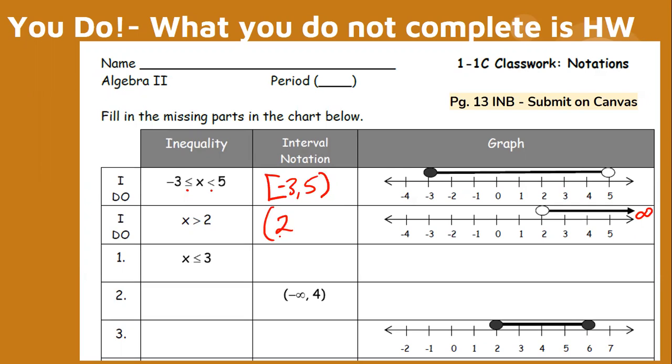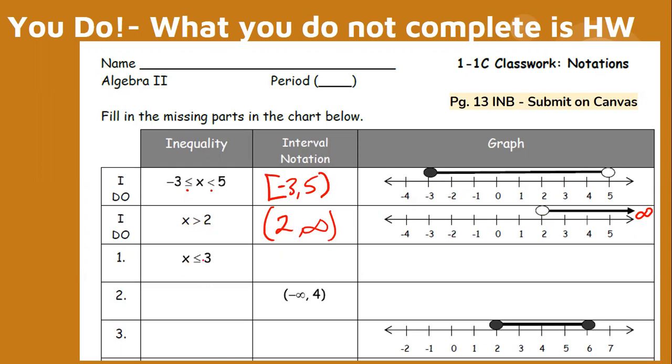Why does it have a parenthesis? It's open. It's strictly greater than, right? And then I'm heading to infinity, and infinities are always with parentheses. Still good? So on the remaining 10, you have to do 2 boxes.